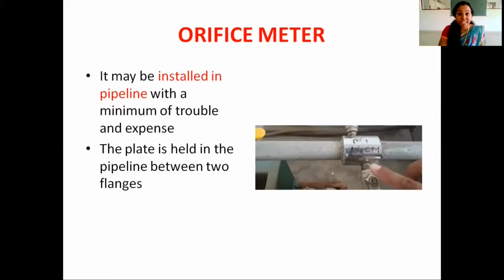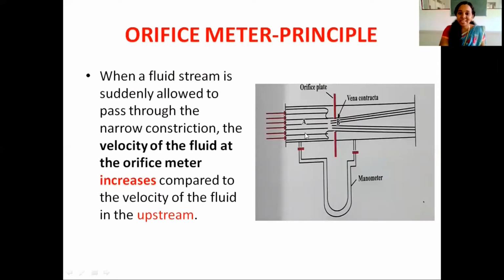Okay, if you are increasing the kinetic energy, then the pressure energy will be decreased like that. So the total energy will be same in each and every point of the liquid that is flowing through a pipeline. So here you can see another figure for orifice meter.